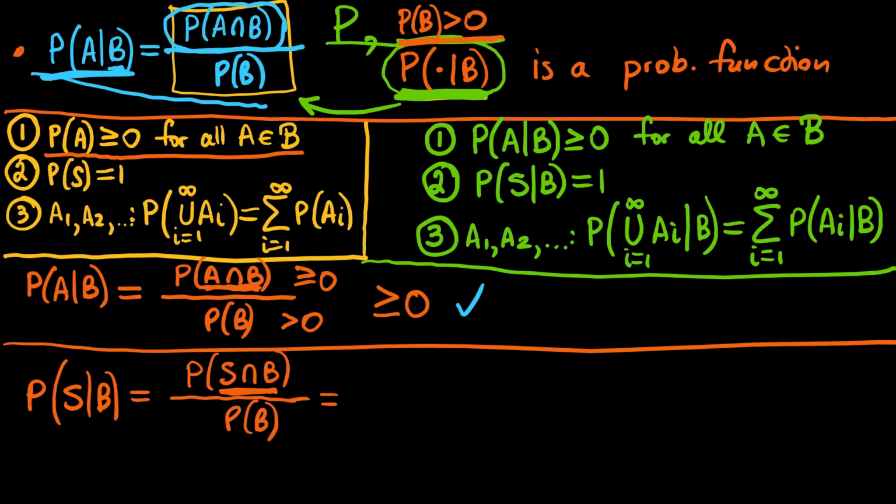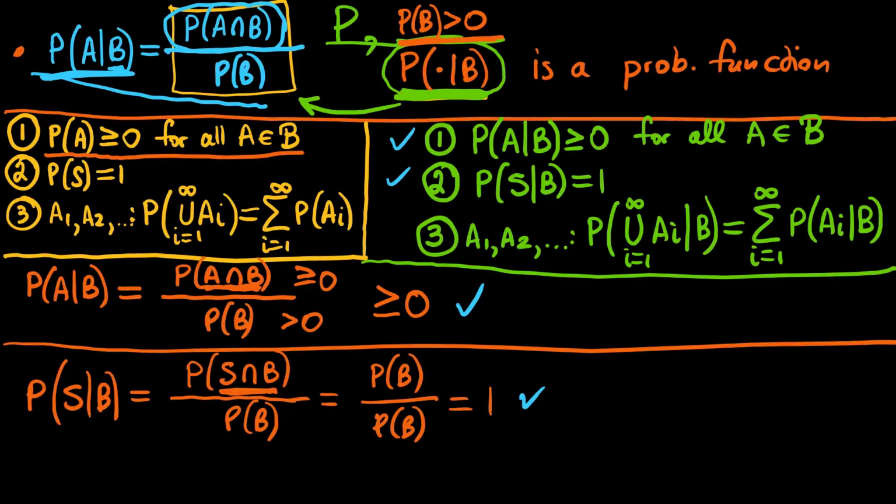Well, that's just B, right? Anything intersected with the sample space is going to be just that. So that's going to be the probability of B over the probability of B, and we get 1. And that is what we needed to show. So then both axiom 1 and 2 are satisfied. Now we need to show that the third one holds as well.